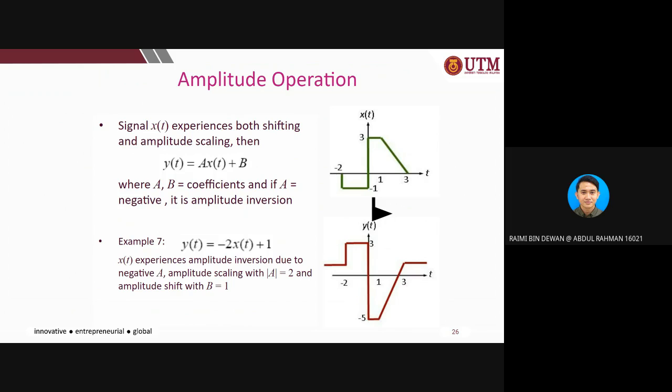So it's different. For time inversion, your mirror will be vertical, and for amplitude inversion, your mirror will be horizontal. It's as simple as that, so that you can imagine what your signal will look like after either an inverse in time or an inverse in amplitude.